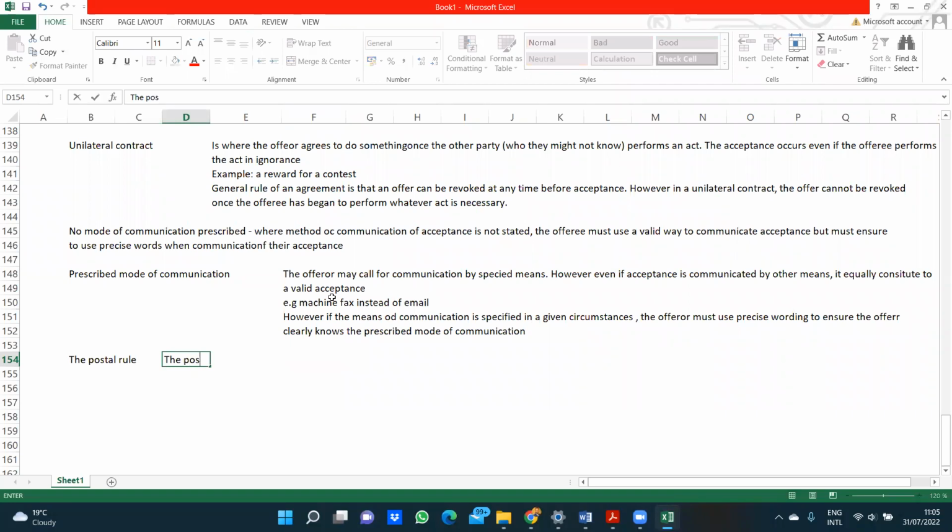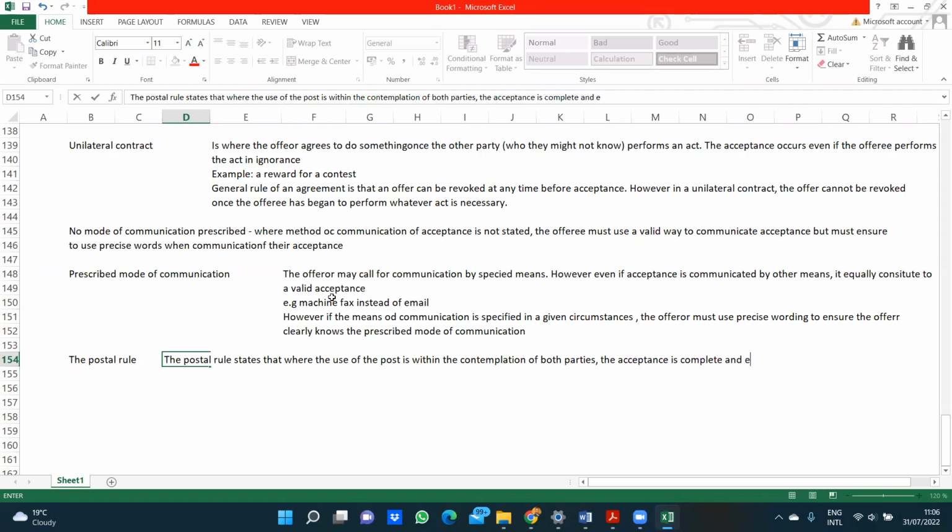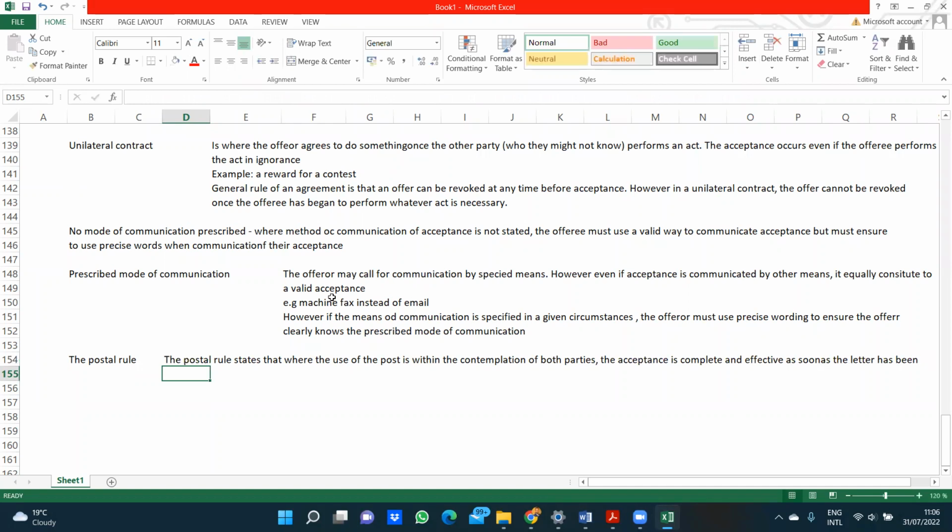The Postal Rule states that where the use of the post is within the contemplation of both parties, the acceptance is complete and effective as soon as the letter has been posted.